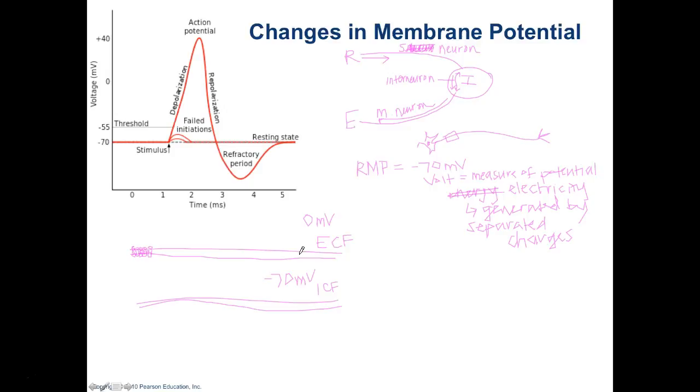So what does that mean for us? We have ions in here, and these ions are creating these charges. Let's talk about what we find in each area. Here we are going to have a high concentration of potassium, and a high concentration of those negative proteins, which we're going to represent with the letter A. These proteins are so large and so negative that they are causing this negative 70 millivolt resting membrane potential.